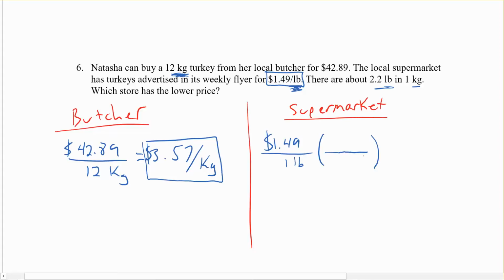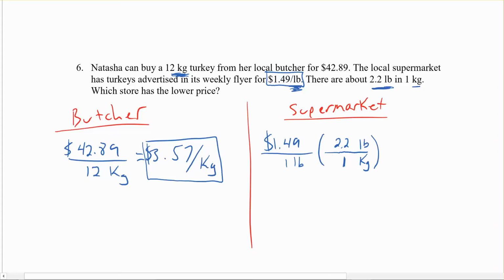And that something over something is going to come from up here. It says that there are 2.2 pounds in 1 kilogram. So I'm going to put pounds on the top, LB, and kilograms on the bottom. Since there are 2.2 pounds in 1 kilogram, I put 2.2 over 1.